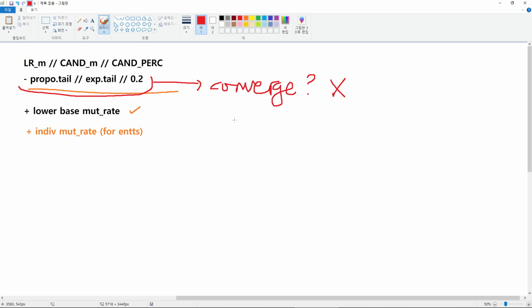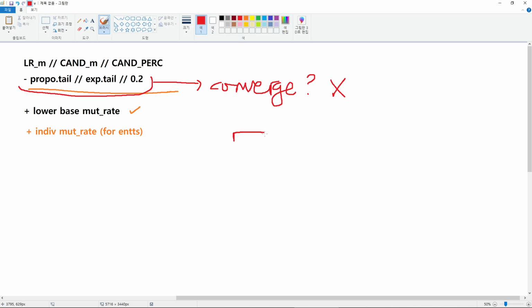And sure enough, given enough numbers, some entities would converge. But the only downside, but a big one, is that it will take more time.